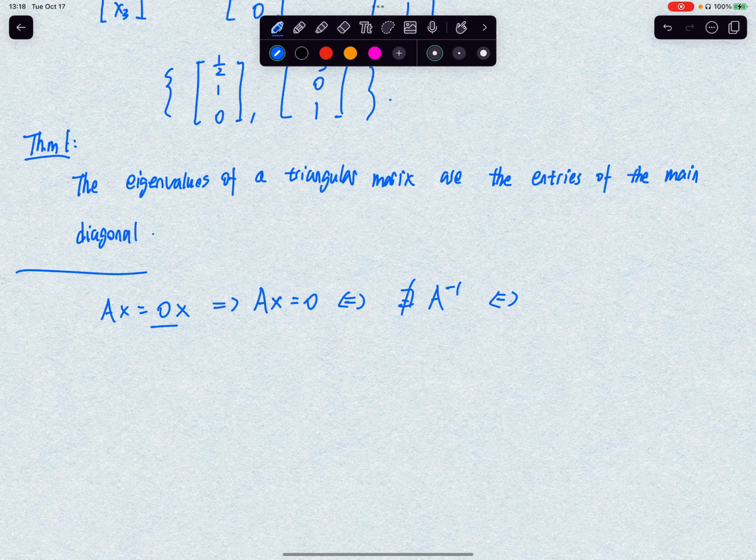That is, A has determinant 0. So an equivalent statement for a matrix having 0 as an eigenvalue is that A is not invertible. So 0 is an eigenvalue of A if and only if A has determinant 0.